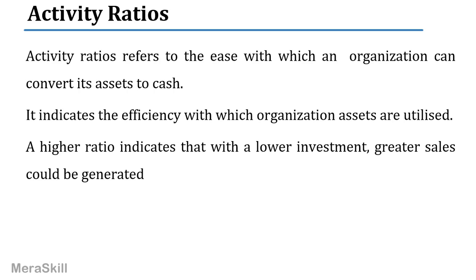Now, say for example, a very simplistic example, if I put in $10,000 and I generate sales of 10,000 in the first month. Since sales is being generated, I get some money and the same money is rolled over for sales for the next month and the next month and the next month, and it goes on. So my investment was $10,000, and after that I managed to generate 10,000 sales each month for 12 months.